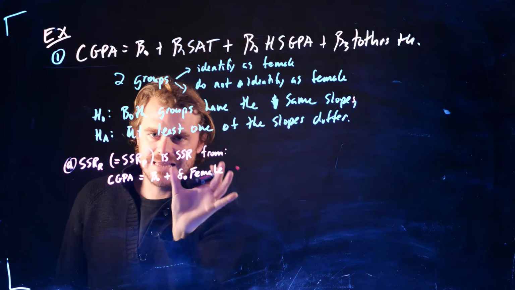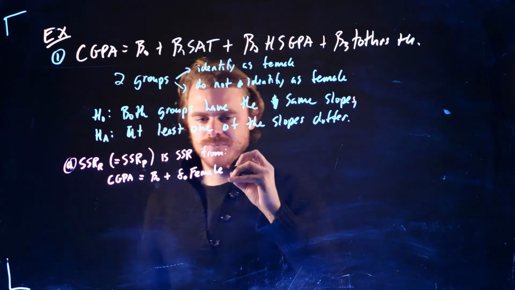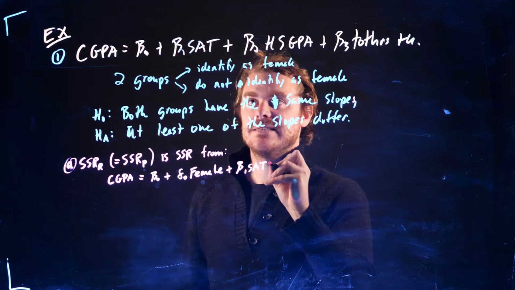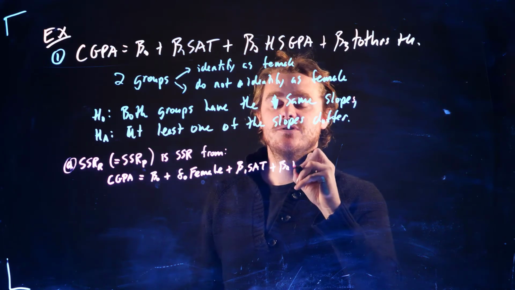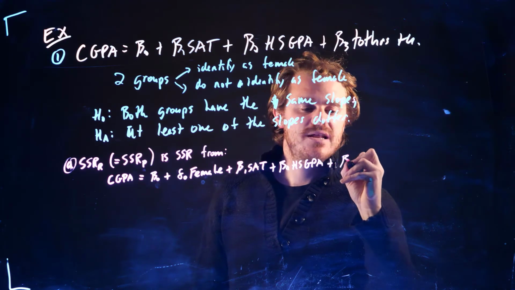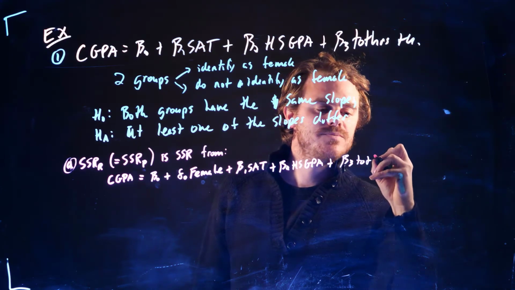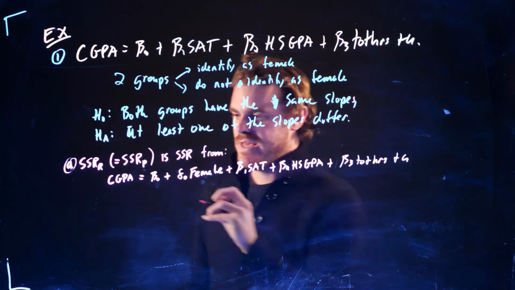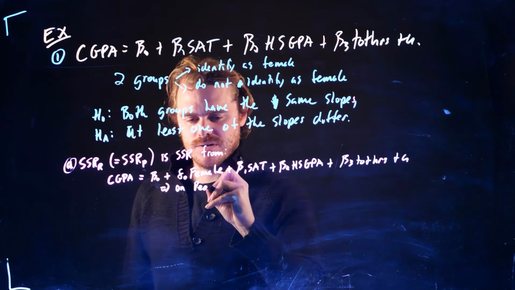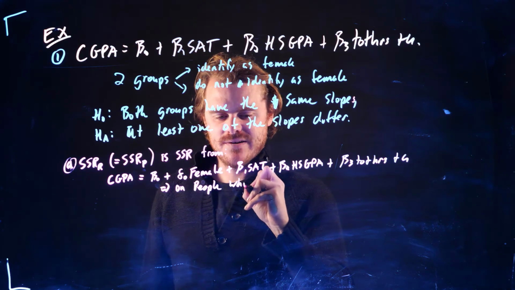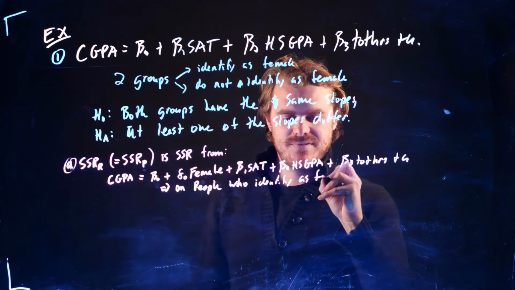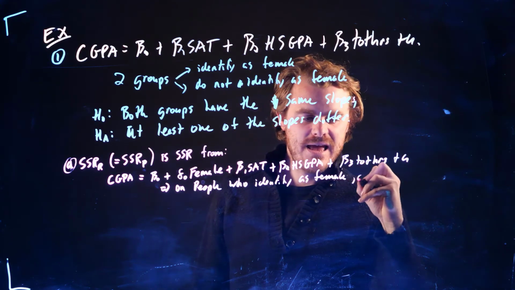And then we just have our normal regression: beta 1 SAT plus beta 2 high school GPA plus beta 3 total hours plus U. And we'd run this on people who identify as female and people who do not.